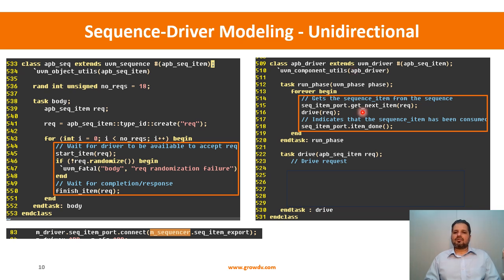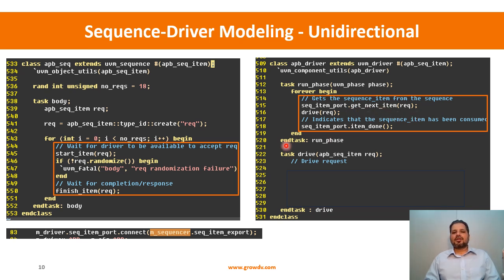On the driver end, the sequence item port, which is connected to your sequencer, calls get next item request, which gets the sequence item from the sequence. Depending on whether this was called first from the driver, it would get blocked and wait till the start item gets called. Vice versa, if the start item gets called first, then the start item will block till it hits the sequence item port dot get next item.